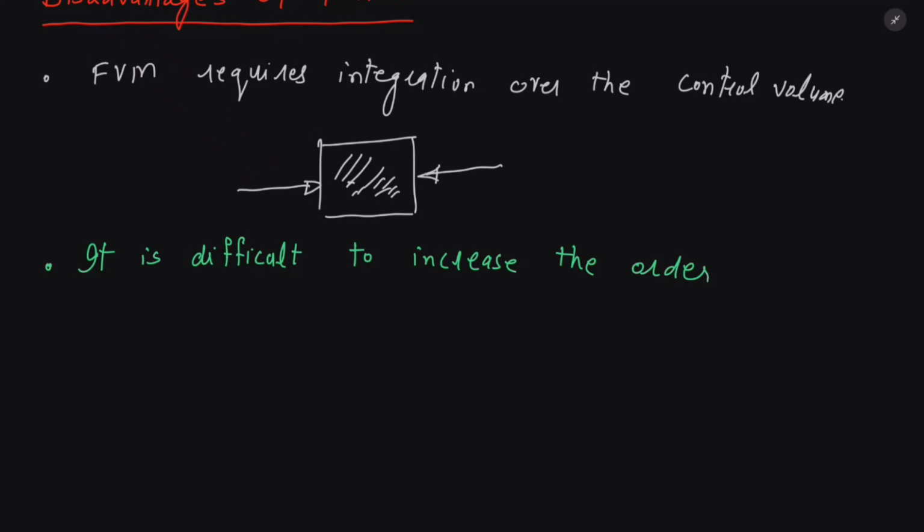For example, you can use one-sided differences or maybe higher order finite difference schemes for derivatives. Then you can construct higher order numerical methods. But in this case, it is very difficult to increase the order. So in that case, we use WENO scheme, so on.